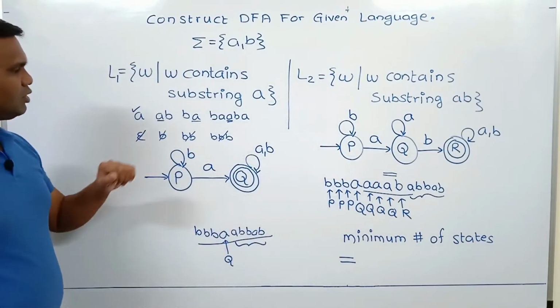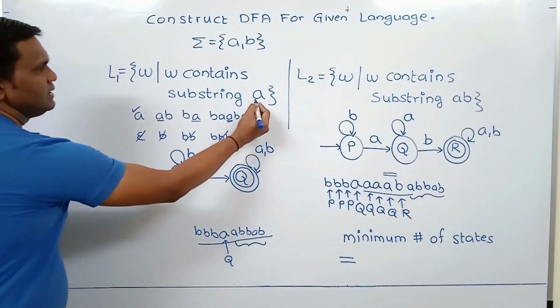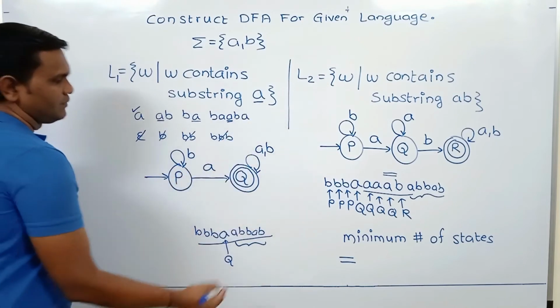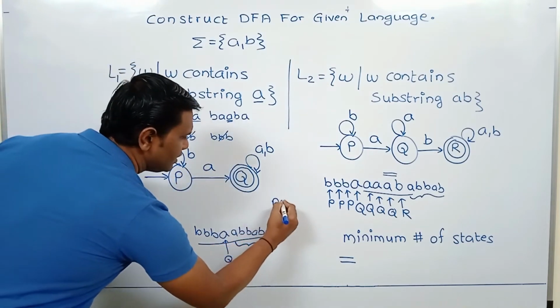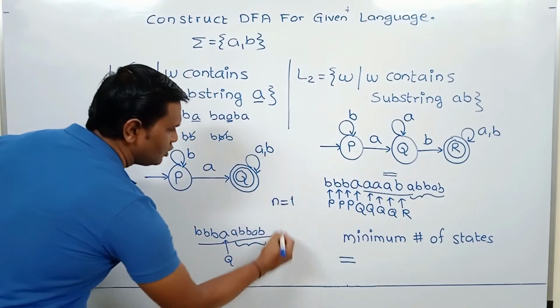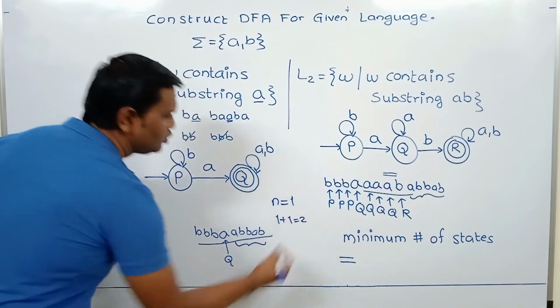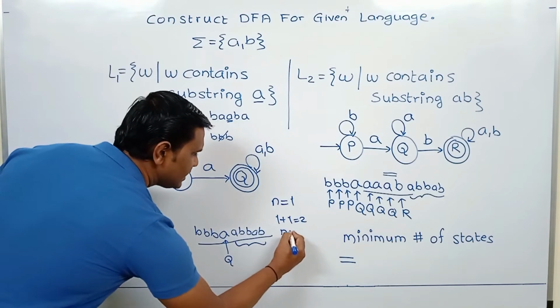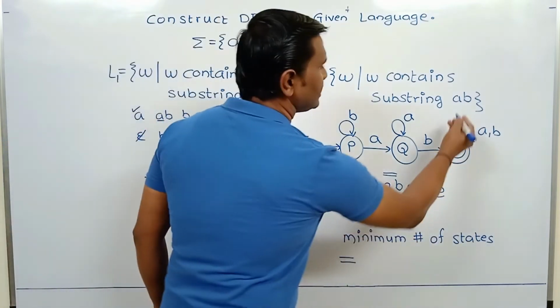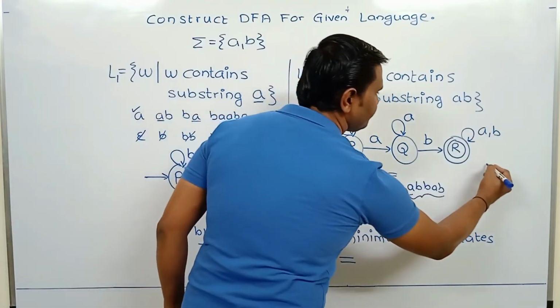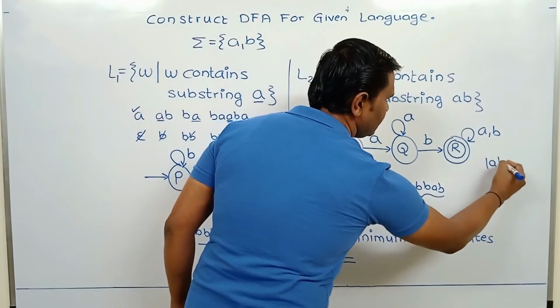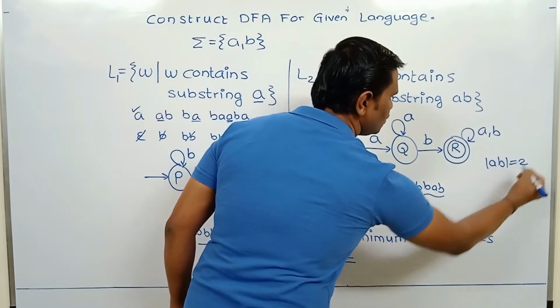Now regarding the number of states, here the condition is substring A, length of A is 1. So if you consider n equal to 1, we require n plus 1 equal to 2 states. Here the condition is AB, so length of AB is equal to 2.